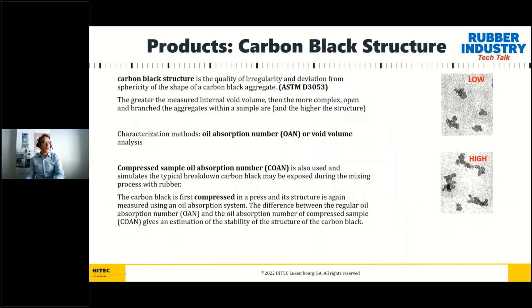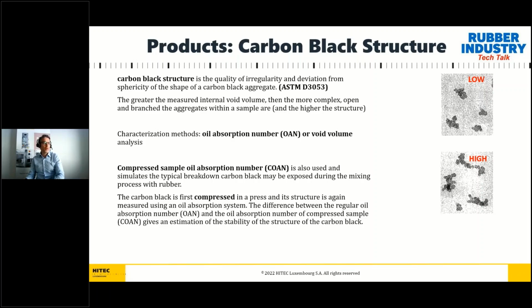Let's talk a little bit about structural properties. Carbon black structure is the quality of irregularity and deviation from sphericity of the shape of a carbon black aggregate. This is the definition that is coming from the ASTM standard.